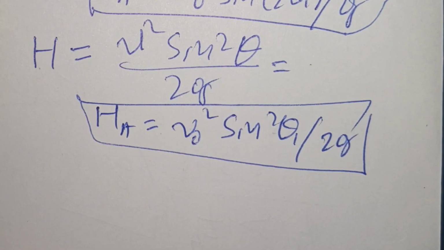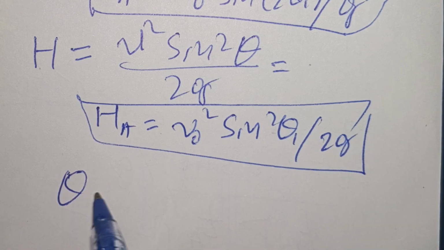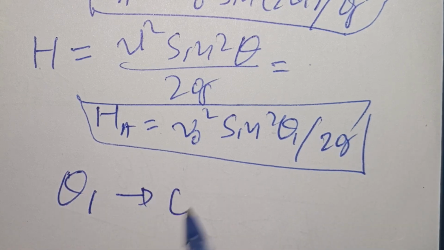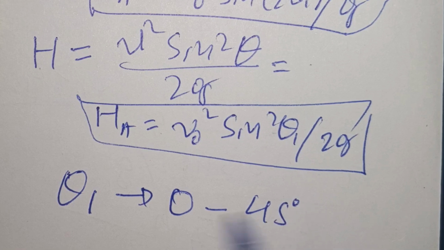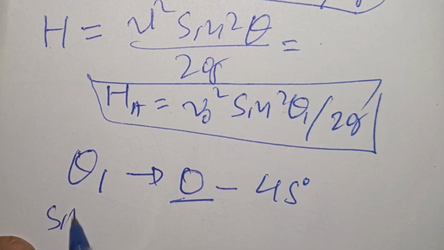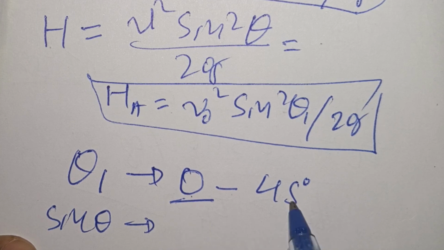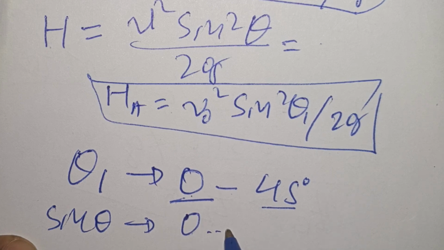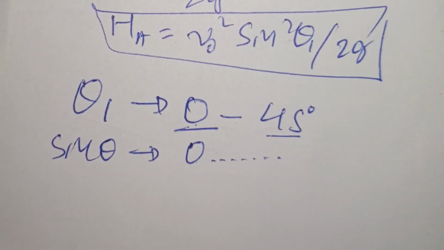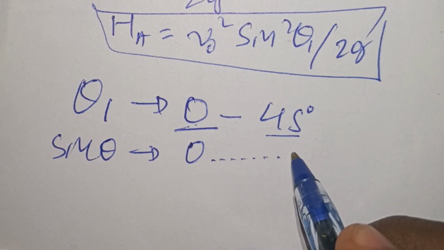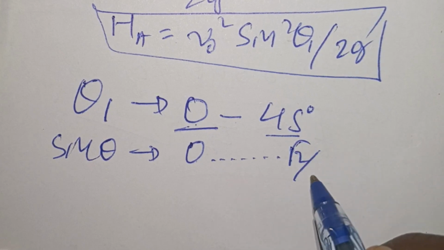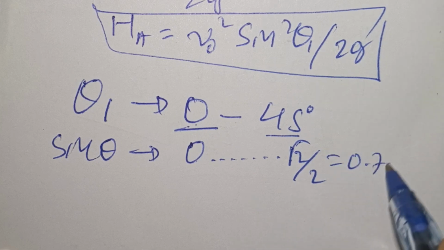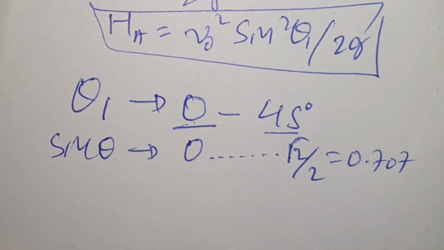So when we compare these two values, since the values of theta 1 are from 0 up to 45 degrees, the sine of theta 1 increases as the angle increases from 0 up to 45. So we have 0 at 0 degrees, and the values increase between these two values, and at 45 the sine of 45 is, we know, radical 2 over 2 or 0.707 exactly.